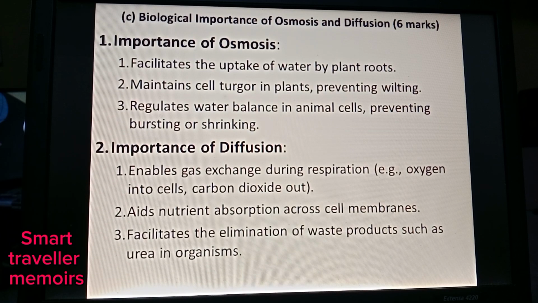In general, osmosis is important because it facilitates the uptake of water by plant roots. It maintains cell turgor in plants, preventing wilting, and it regulates water balance in animals, preventing bursting or shrinking.